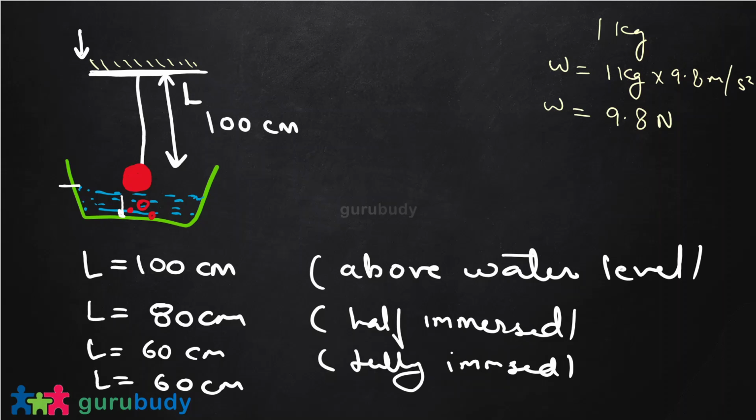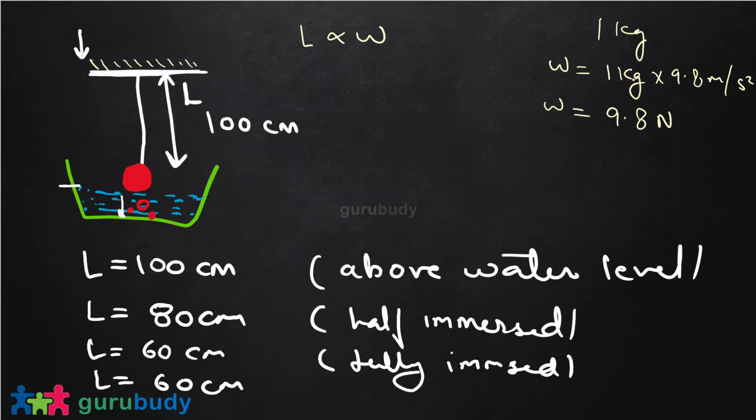Just try to understand here that the length of the string is dependent upon the weight. Initially, when there was no water, when the stone was just stretching the string, the length of the string was 100 centimeter, and it's all because of the weight of the stone, because that's what is pulling the string down, right? The moment you start bringing the water into the system, you see the length of the string starts changing. We know weight is not changing, right?